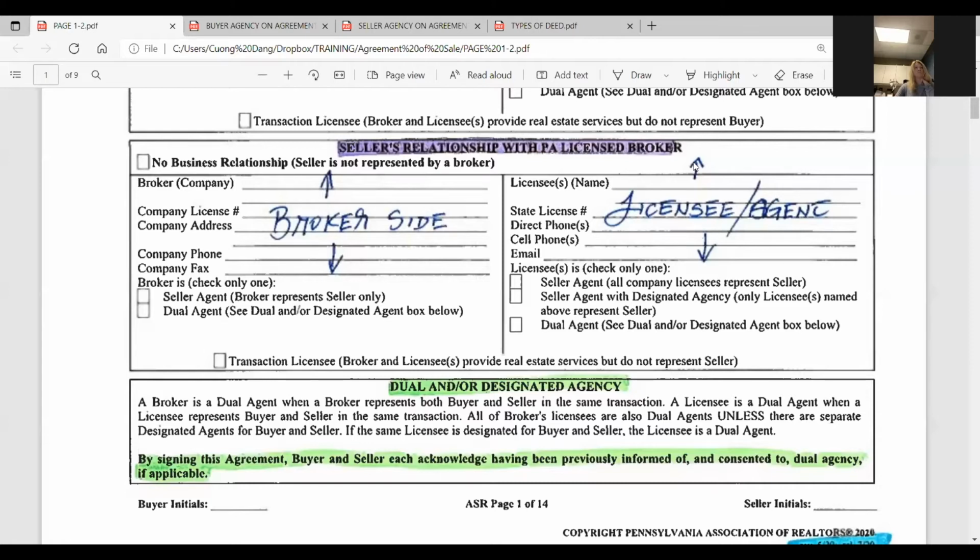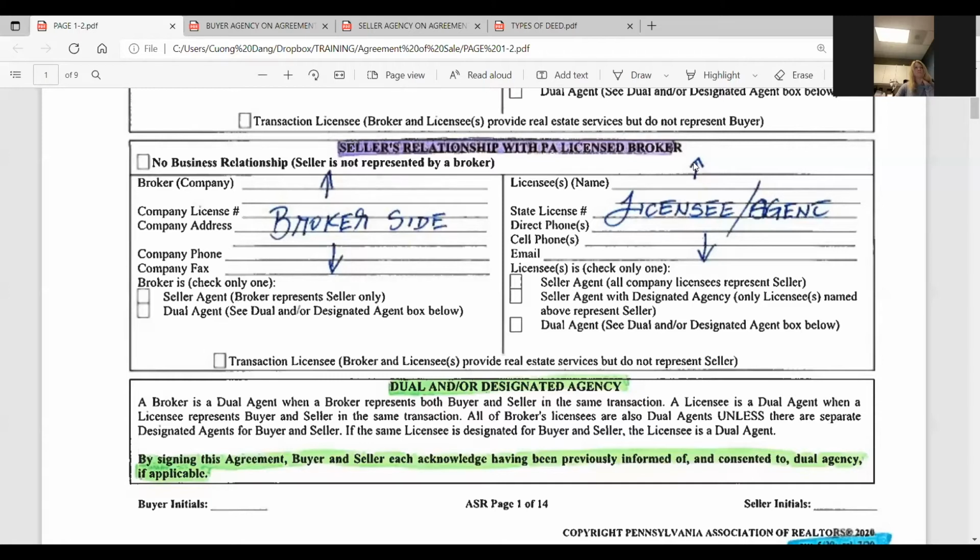The last box on the first page talks about dual and/or designated agency. A broker, which in this case for us is Remax First Advantage, is a dual agent when Remax First Advantage represents both buyer and seller in the same transaction.